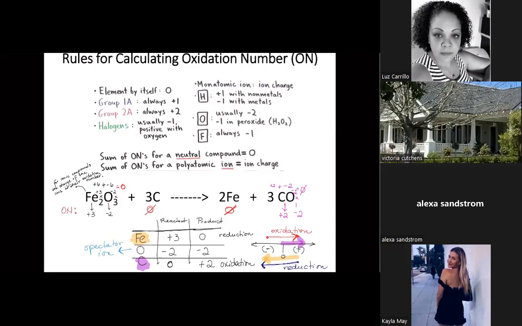an oxidation reduction reaction. Now, when this comes into words, because this is also in the homework, the correct terminology is that the iron in iron 3 oxide is the one that undergoes reduction.